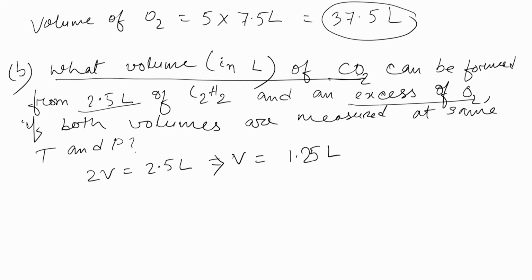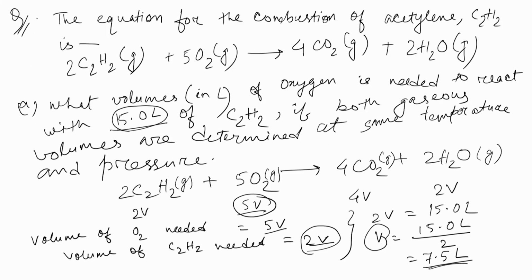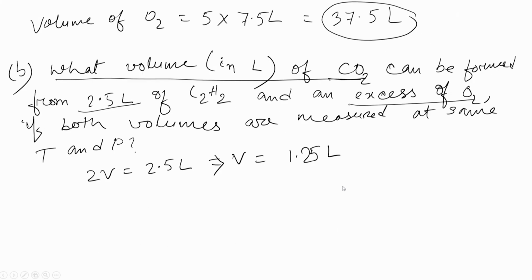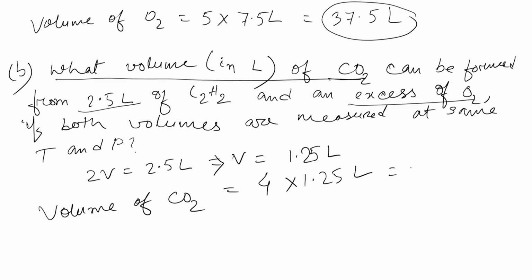Okay, so volume of carbon dioxide is what we have to find, right? What volume of carbon dioxide is formed? So volume of carbon dioxide is 4V. So volume of CO2 is equal to 4 into V, this 1.25 liter, 4 into 1.25 liter, which comes as 5 liters.